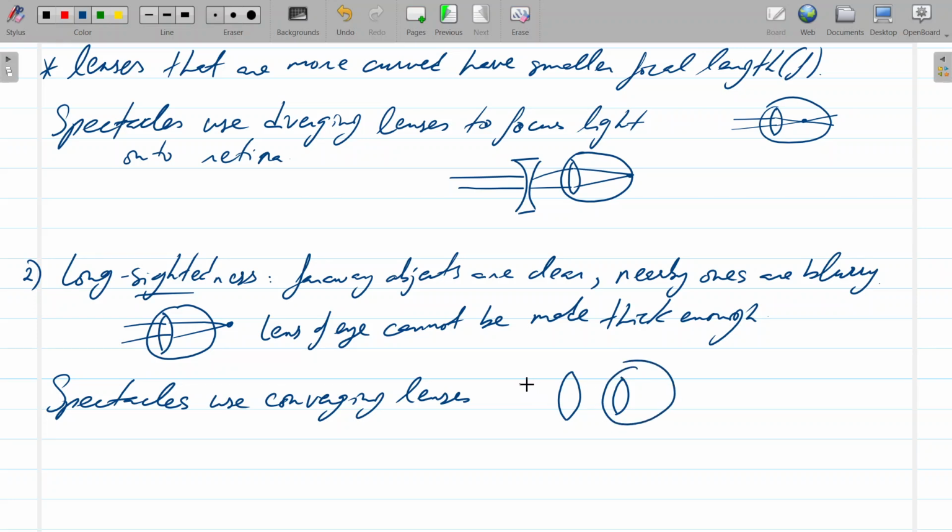Light rays are coming in, they're converging once, and then they're converging again right onto the retina. Obviously, my illustration is not very proper, but you get the point, hopefully. Does that make sense?